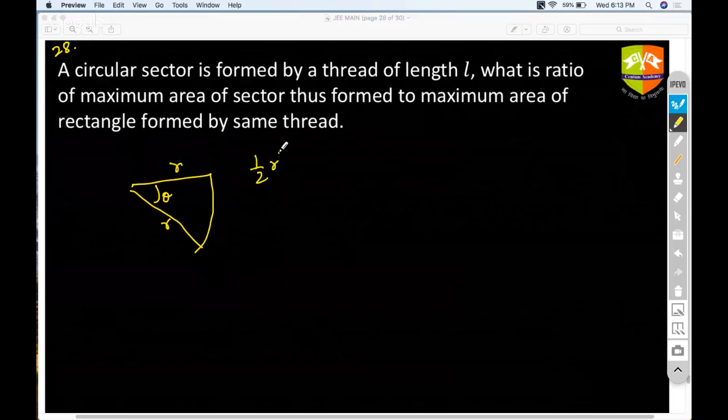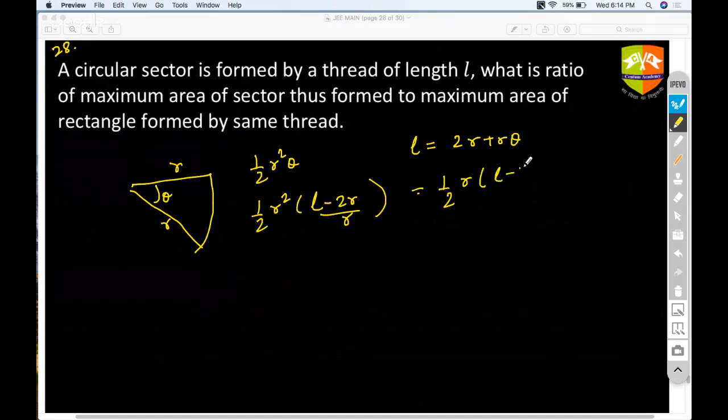We know that half r square theta is the area of the sector. So we also know that the total length of the wire will be equal to 2r plus r theta. So I can say it's half r square, and in place of theta, I can write half r times L minus 2r.